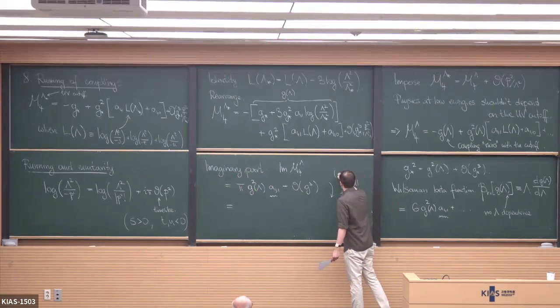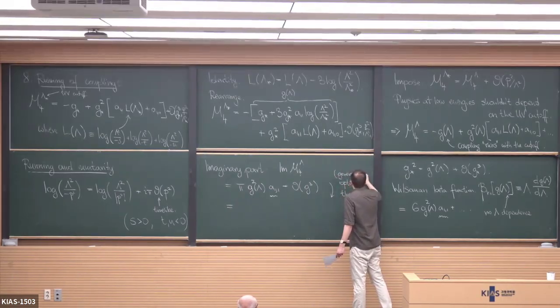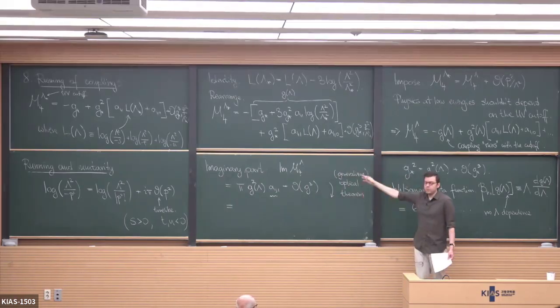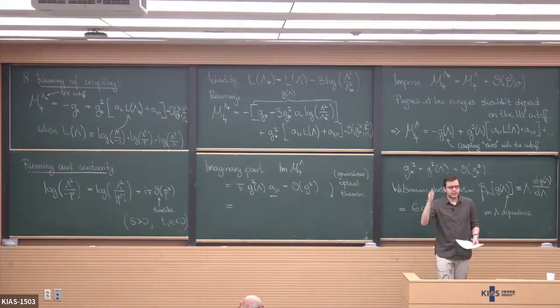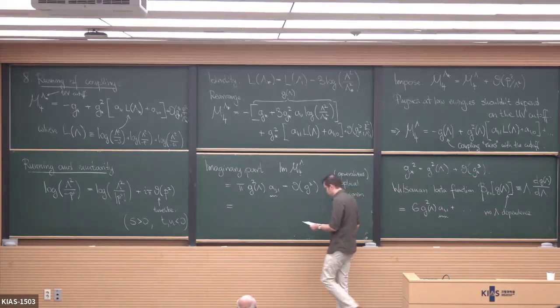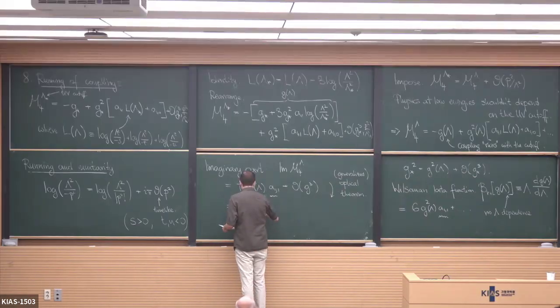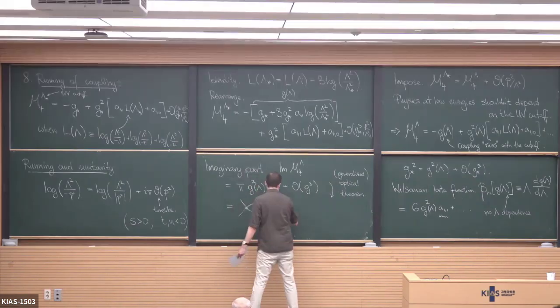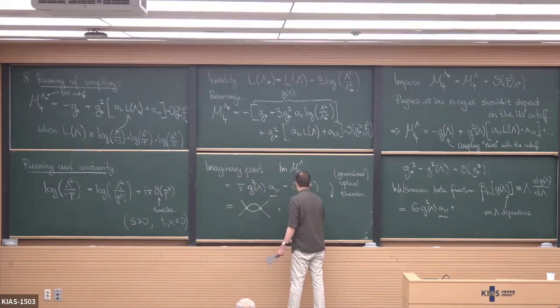Strictly speaking, the so-called generalized optical theorem, which says that the imaginary part of the amplitude can be computed as a sum over cuts. How many of you have seen this statement before? All right, all of you are experts on amplitudes. So how would this work at one loop level? Well, I have the S, T, and U channel diagrams.